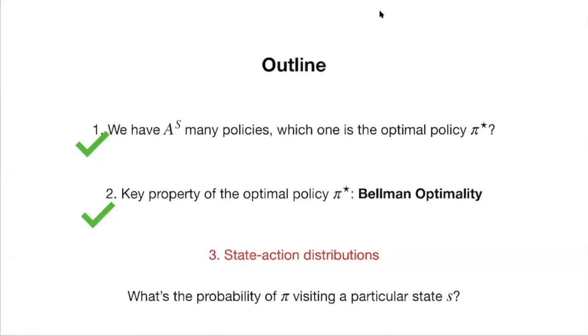All right, so the last topic of today's lecture is about manipulating some distributions. We're going to talk about the state action distribution. In other words, we're trying to set up mathematical language so that we can talk about questions like what is the probability of a policy pi visiting a particular state S at a particular time step.